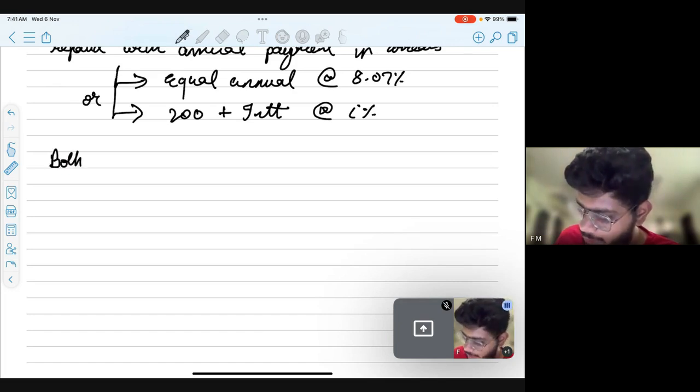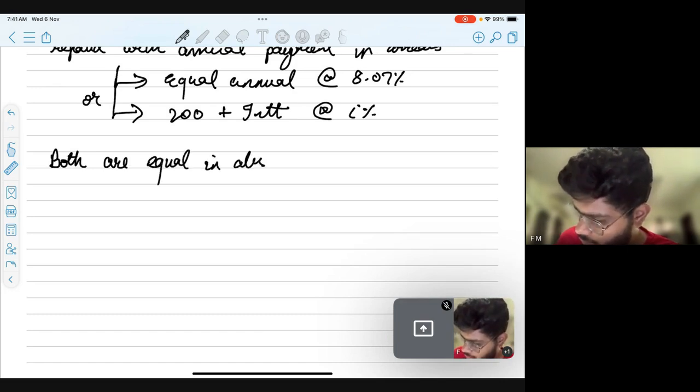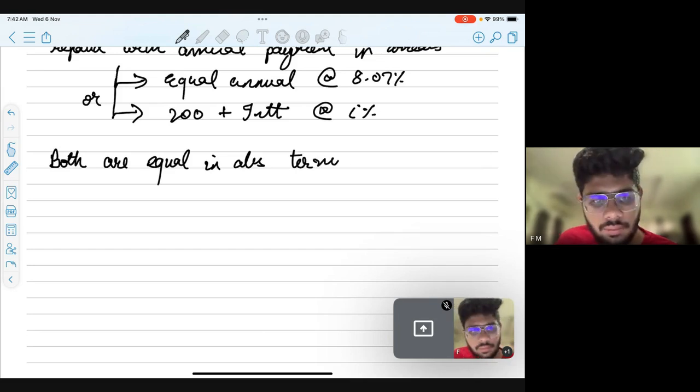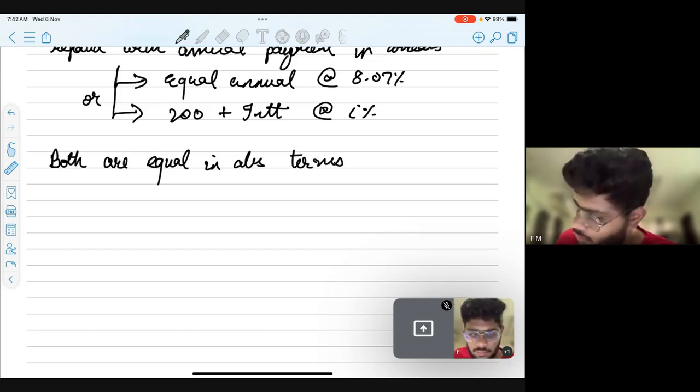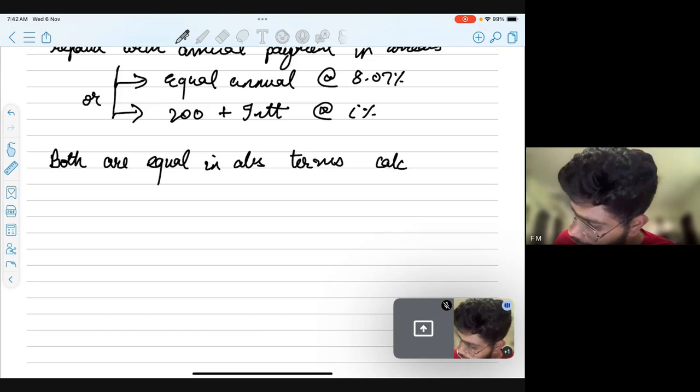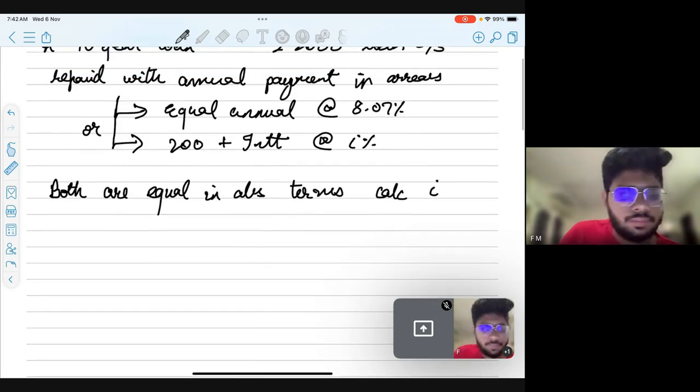Both are the same in absolute terms. Calculate i.